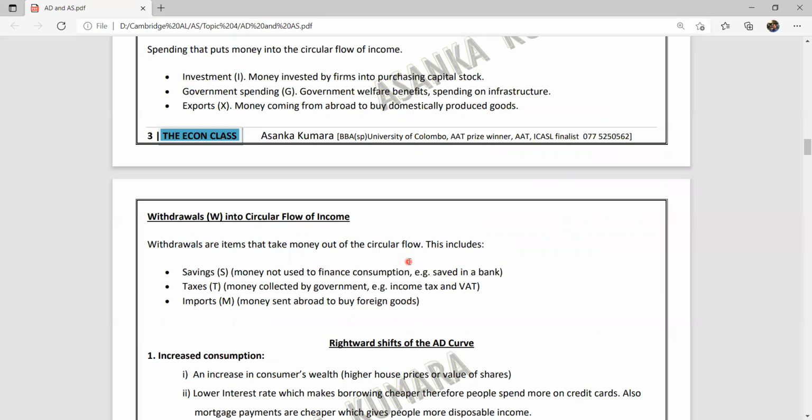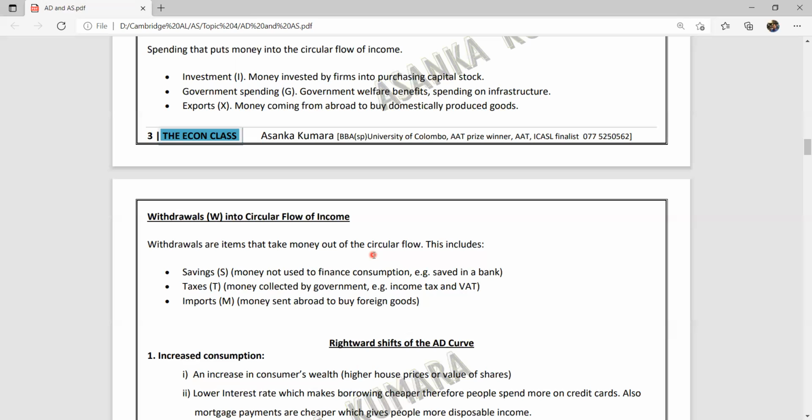I mean households, firms, government, and the foreign sector. If we make such a format about the interrelationship between each and every participant, it is called the circular flow of income.